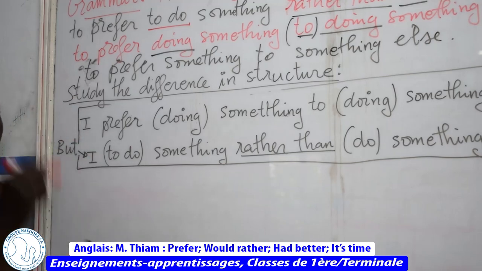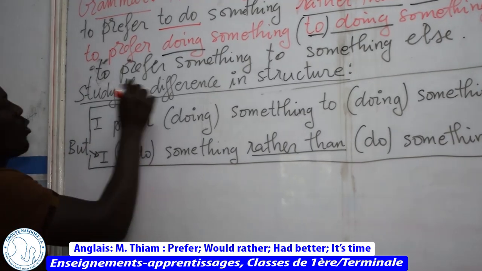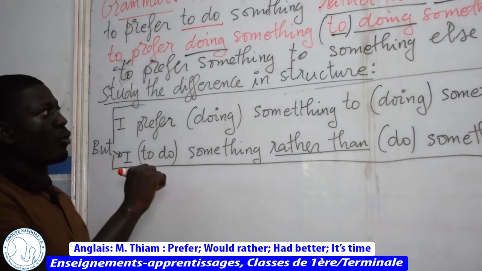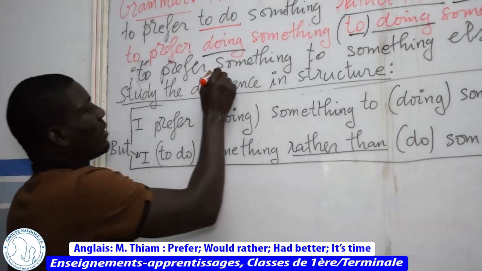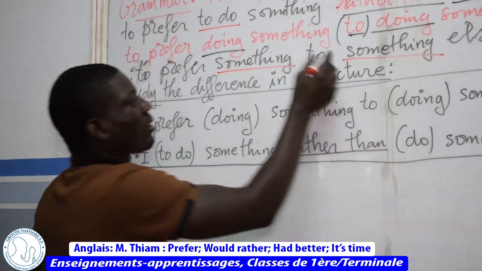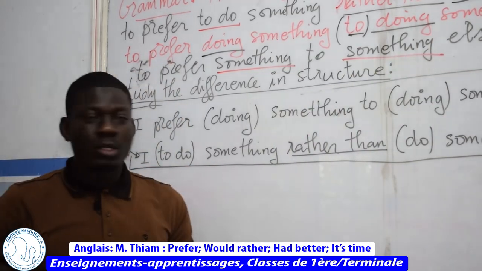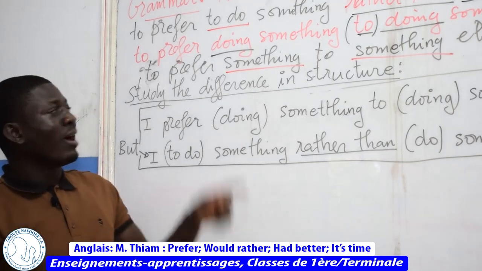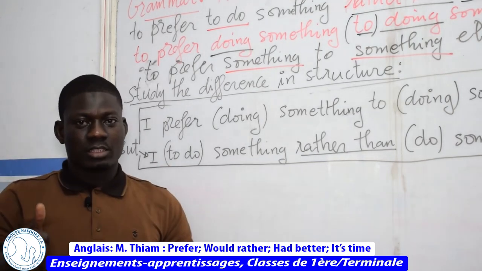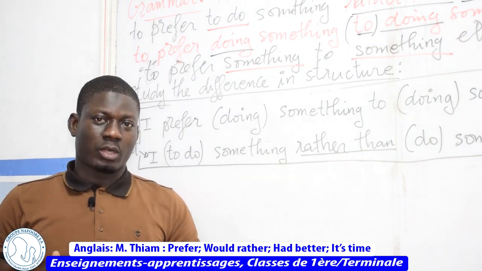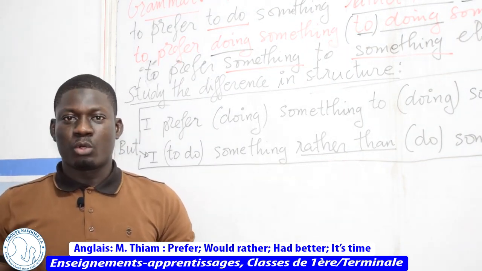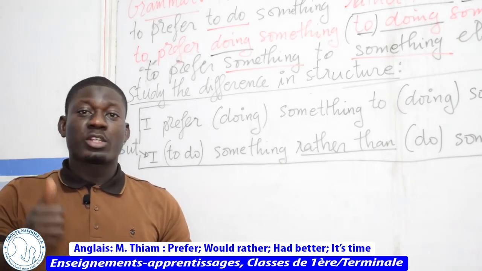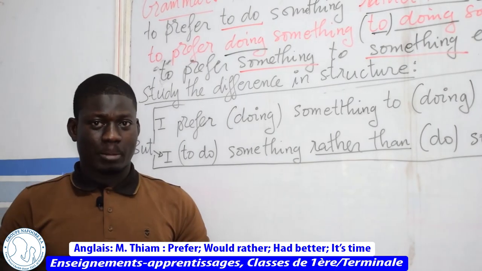Now, in this use, there is no verb, no infinitive form, no ing form either. But we have nouns directly, meaning in terms of preference, we are comparing two things. For example, you can say, I prefer tea to coffee. Okay? I prefer soccer to basketball. You express your preference between two things.